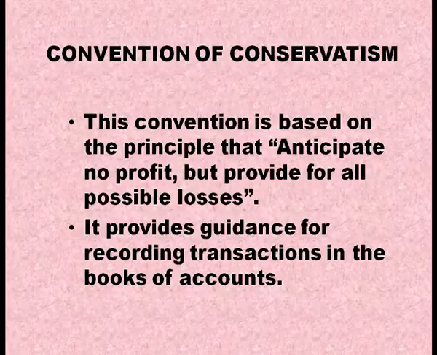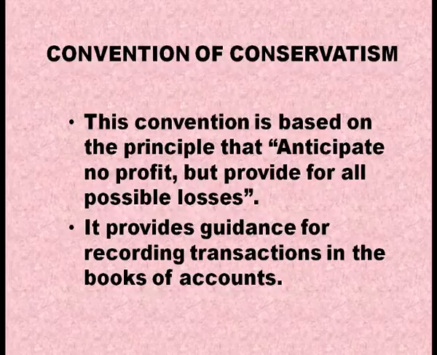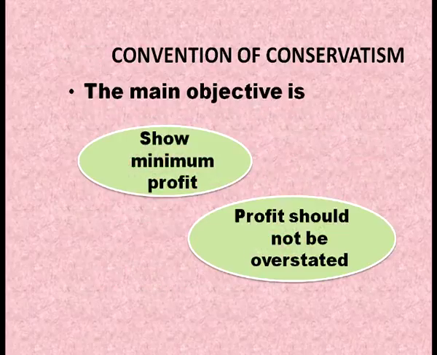Next is the convention of conservatism. This convention is based on the principle that anticipate no profit but provide for all possible losses. It provides guidance for recording transactions in the books of accounts.